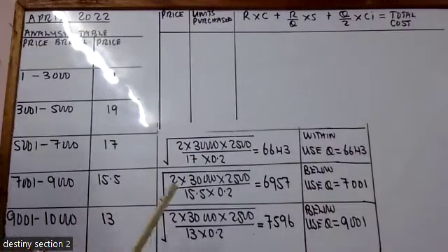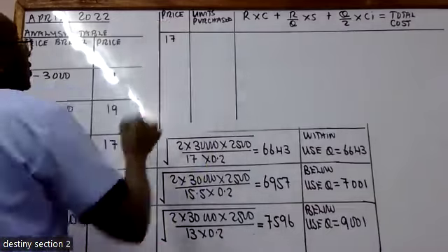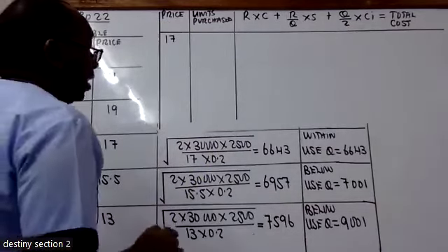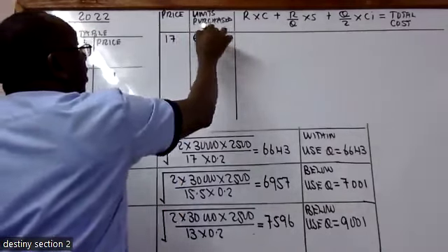So we start with the first one, which we said we are using. At a price of 17, our Q is 66.43.